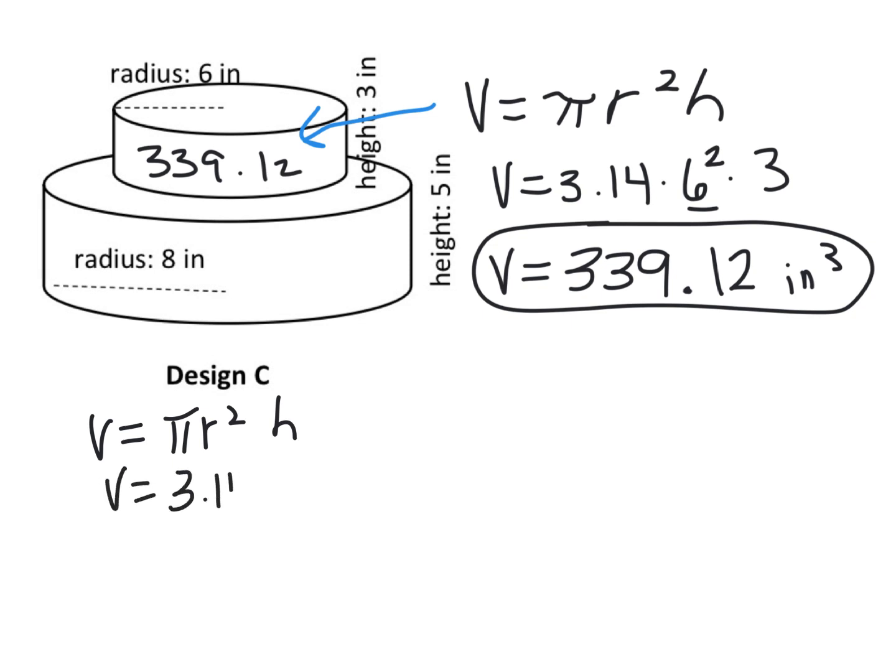I'm going to use 3.14 for pi, and 8 is my radius, so 8 squared times the height, which is 5. So this is 64. So 3.14 times 64 times 5.